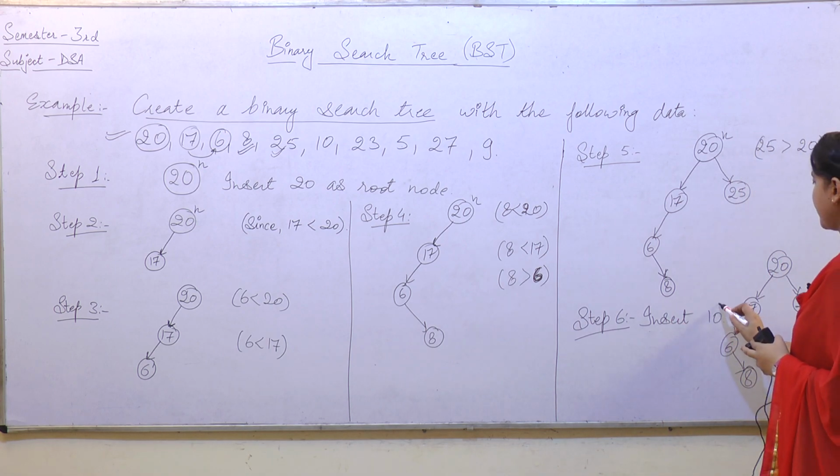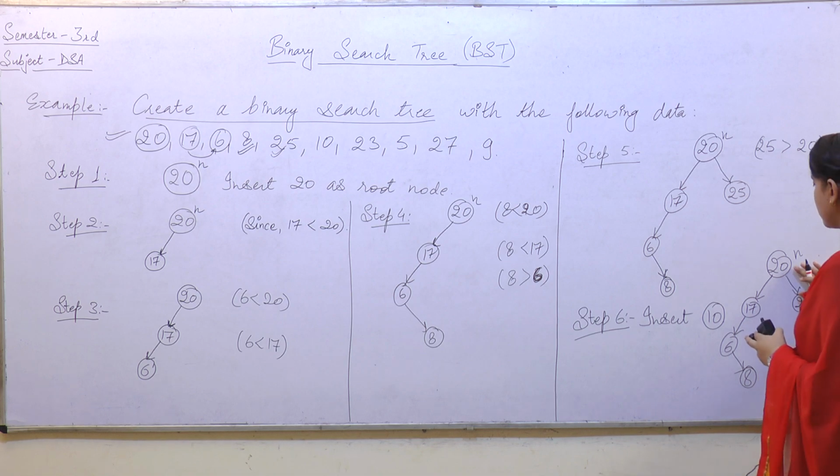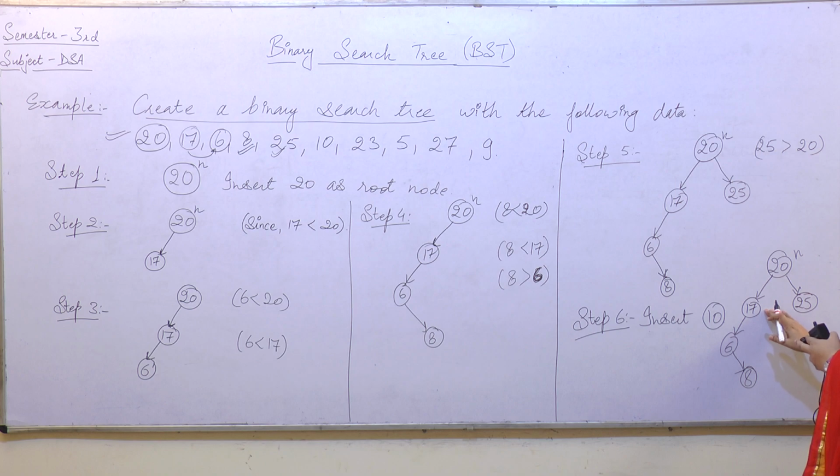For inserting 10, we will compare 10 first with root node 20. Since 10 is less than 20, we will move towards the left side of our binary search tree.